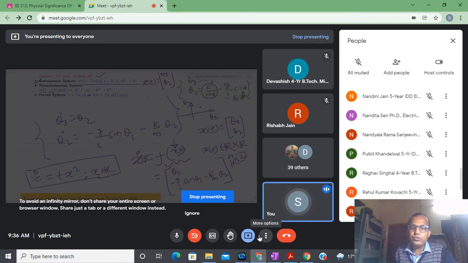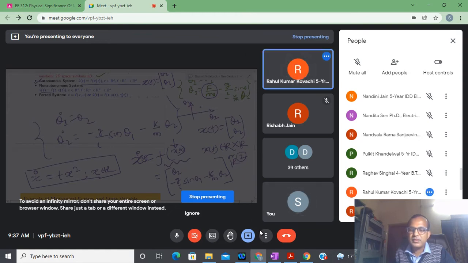Rahul, could you please comment whether this is an autonomous system or non-autonomous system? Rahul, are you here? Yes. So is it autonomous or non-autonomous?